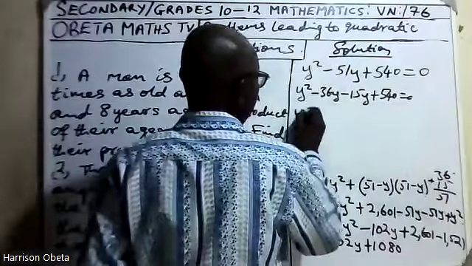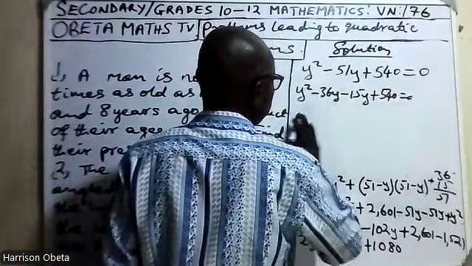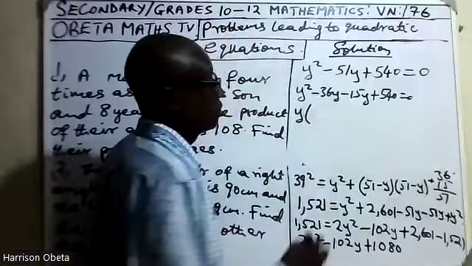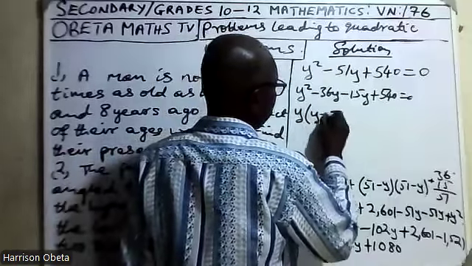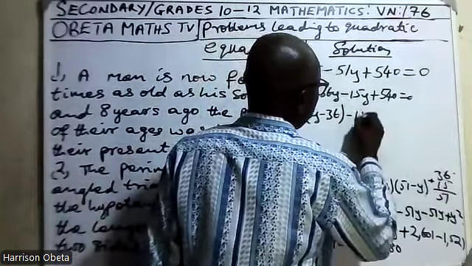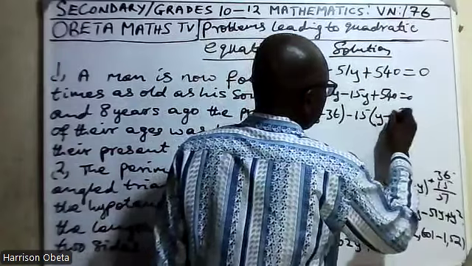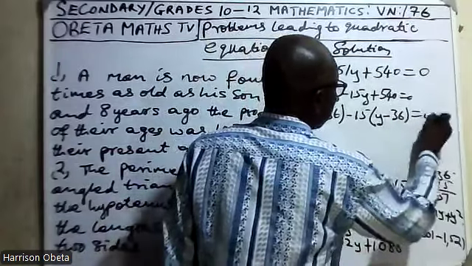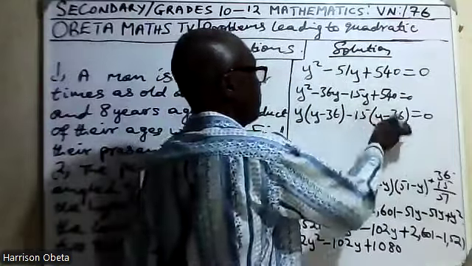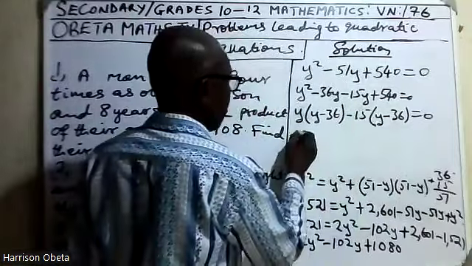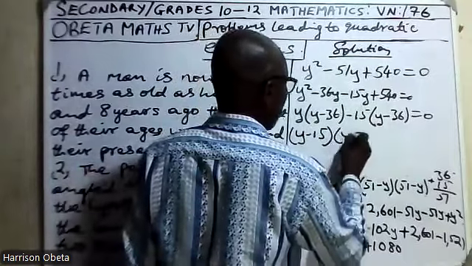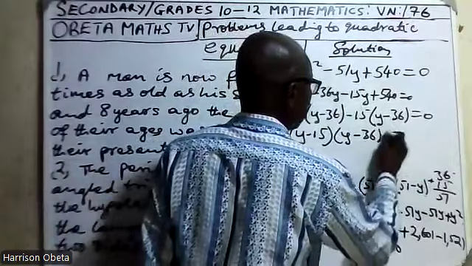And that will give us y bracket y minus 36, then minus 15 bracket y minus 36 equal to 0. Because you introduce minus here, then minus must be inside. And that means y minus 15 into y minus 36 equal to 0.